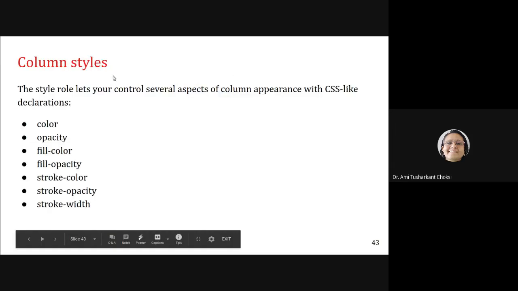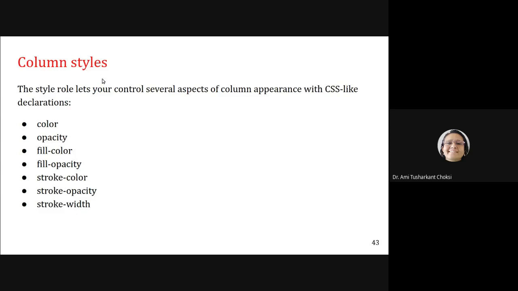Now next what we want to learn is column chart, right? So for that we should know the column styles. The style role lets you control several aspects of column appearance with CSS-like declarations.